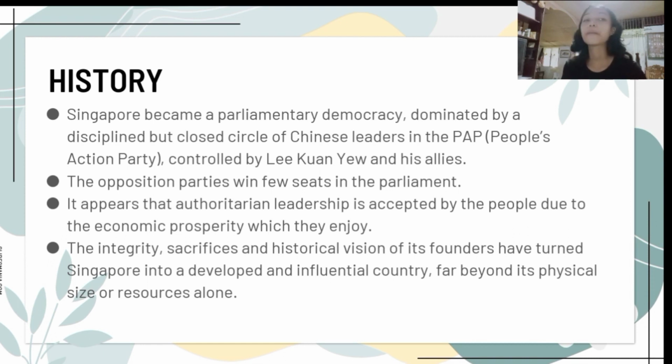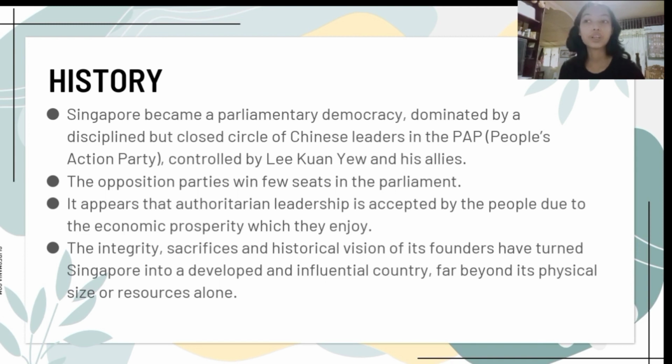When we say parliamentary democracy, it is where citizens vote for the members of the legislature or the parliament, and then the members who are in the parliament will choose or vote the prime minister, and whichever political party has the most members in the legislature selects the prime minister, and the opposition parties win few seats in the parliament.